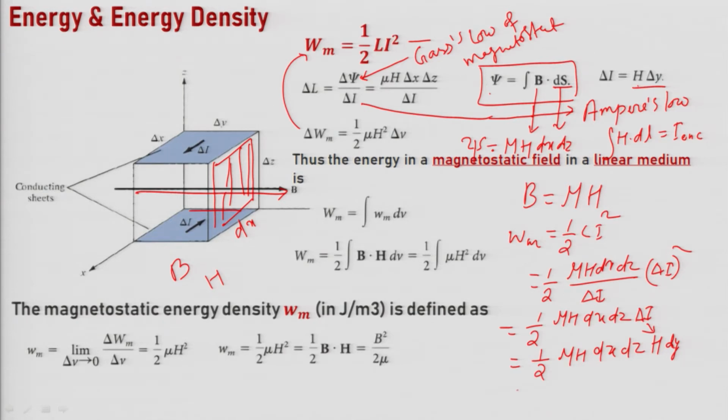Now it will be finally half mu, H combined we can write H square, and dx dy dz can be written collectively as dv. So finally this became like this: delta Wm, the differential magnetic energy, is equal to half mu H square dv.